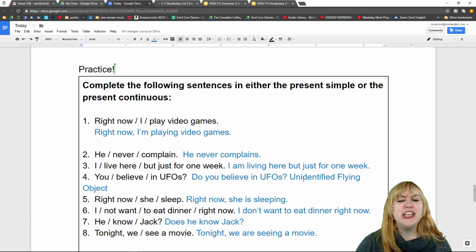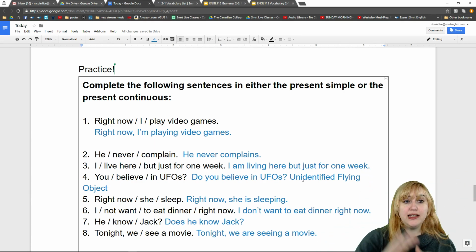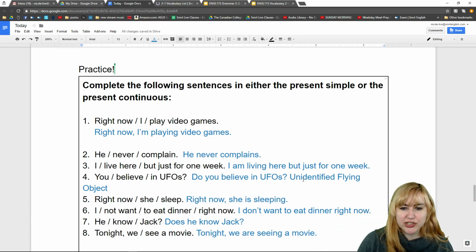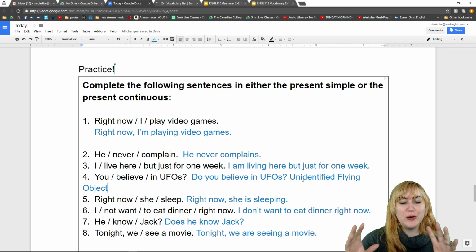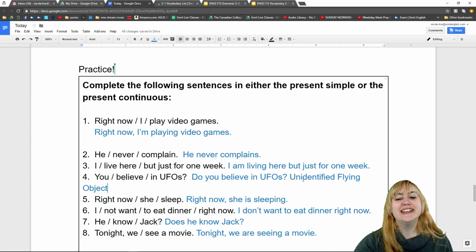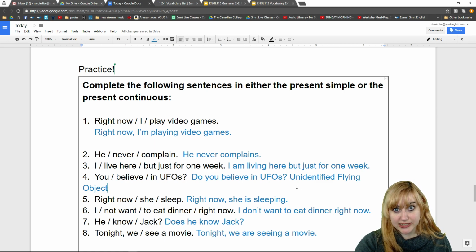So a UFO is like an alien. Alien is like maybe like a monster or a creature from another planet. And then a UFO is like its spaceship or rocket. So unidentified flying object is usually the word we use to talk about spaceships or rockets for aliens.